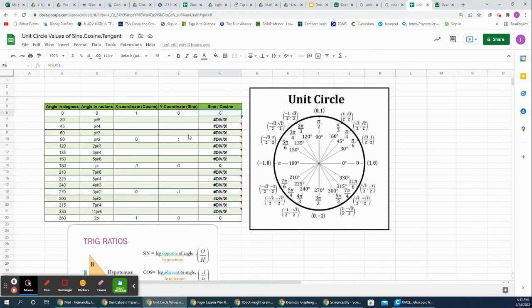Okay? Now, you might be thinking, how come I don't have a value here? What's going on here? The reason why this is not working is because here you have 1 divided by 0. 1 divided by 0 is undefined. So here I'm going to say undefined.